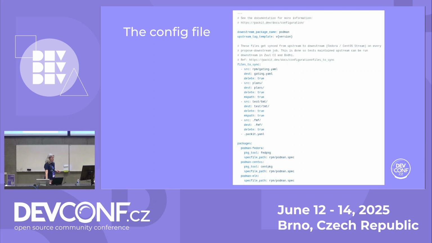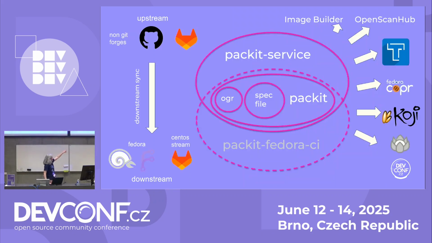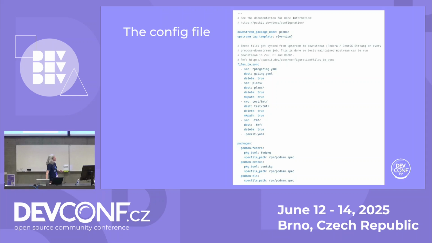You may be wondering why releasing Packit, the center, is causing some breaking changes. This is because we have the service, and both the command line and the service share this config file.